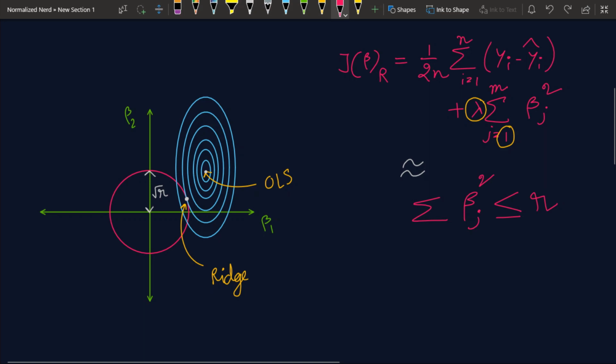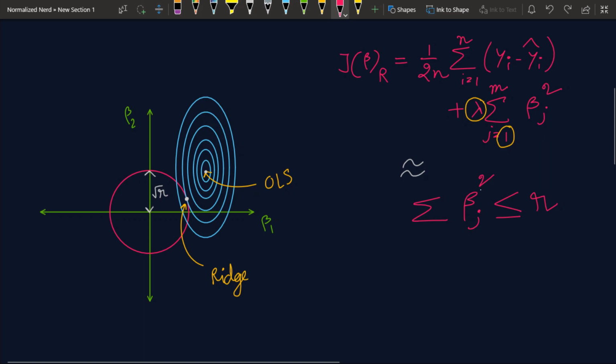And now you should be asking yourself, why does it prevent overfitting? If you look closely here, as we increase the value of beta j's, this term actually increases. But we have to minimize this term. So intuitively, we cannot increase our beta indefinitely.